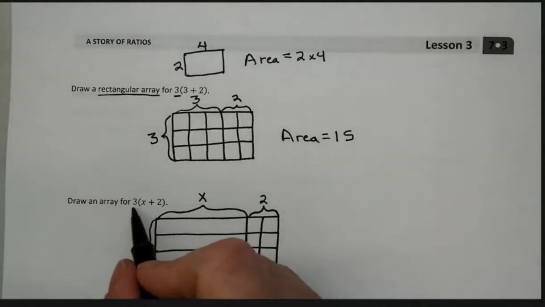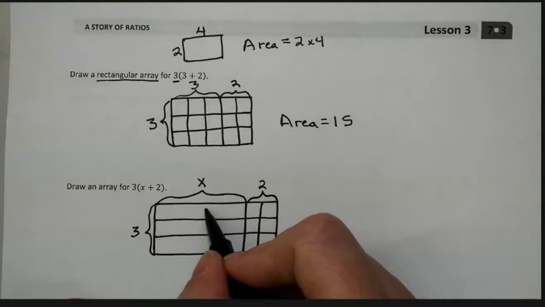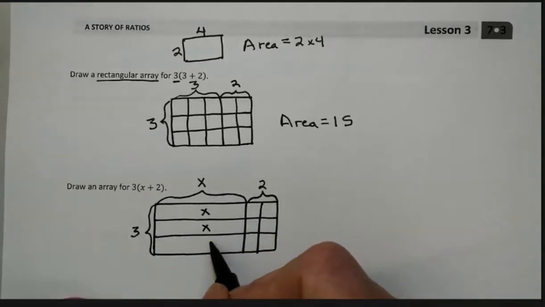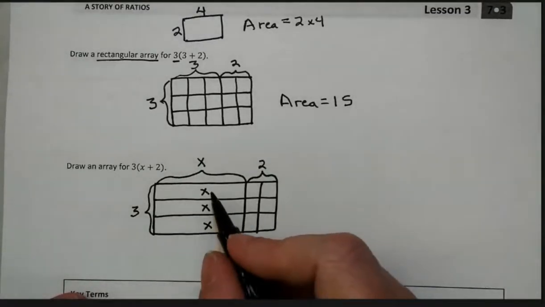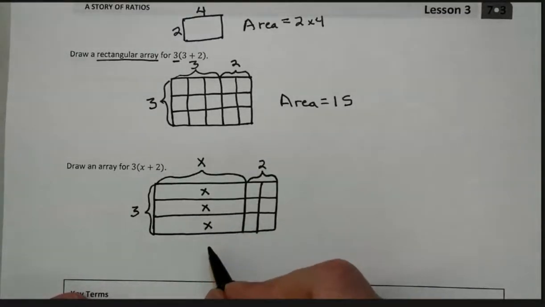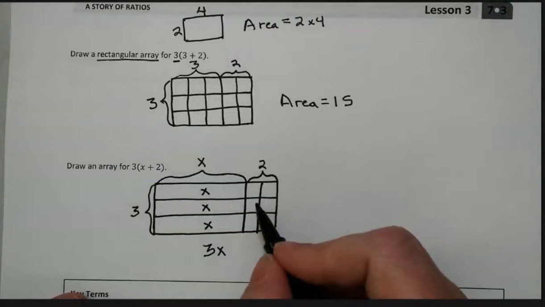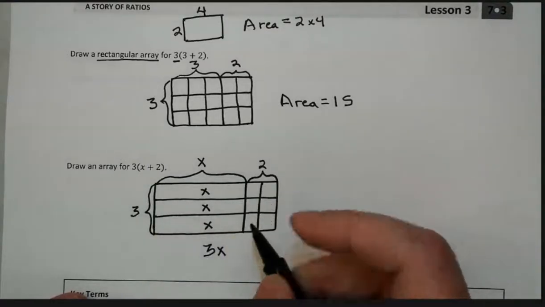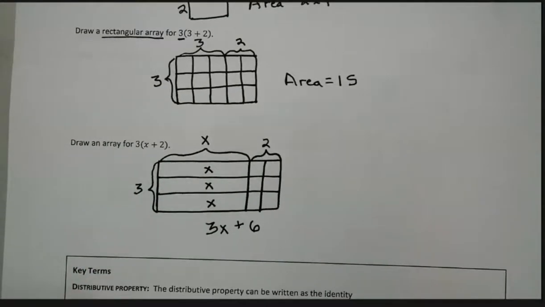On this array for 3 times the sum of x and 2, I've got this one box that equals whatever x is, this box that equals whatever x is, and this box that equals whatever x is. So my area of this, I have 1, 2, 3 boxes that I don't know what they are. So I have 3 x's, and then I have 1, 2, 3, 4, 5, 6, or 3 times 2 boxes that I do know what those are, that equals 6 total. Okay.